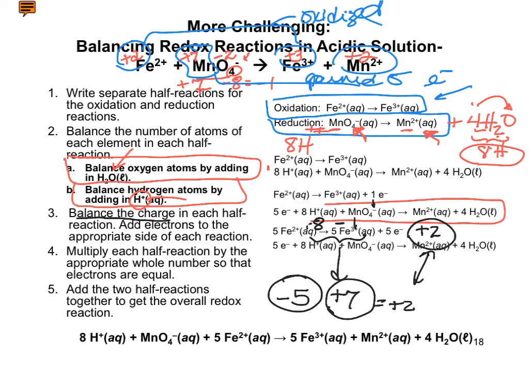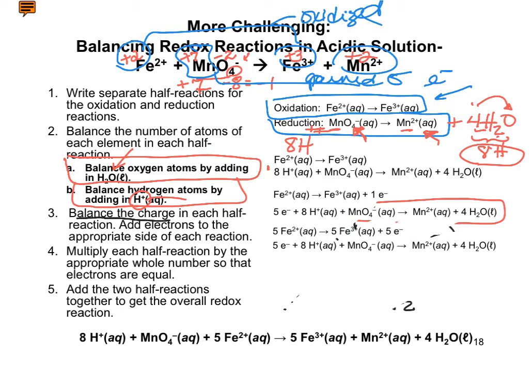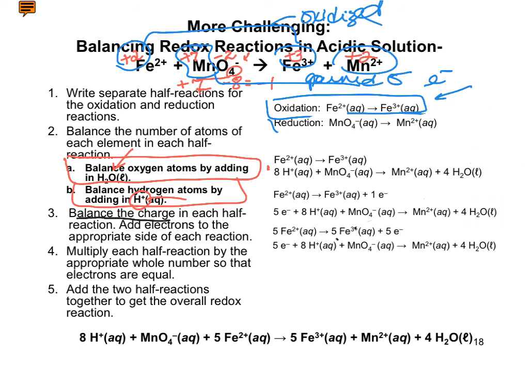So as always, when you have a reduction reaction, the electrons are going to be added to the reactant side, as they were here. All right, so now you have balanced your half reduction reaction, and you have balanced your half oxidation reaction.